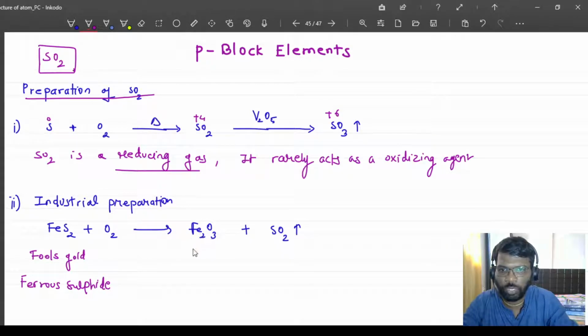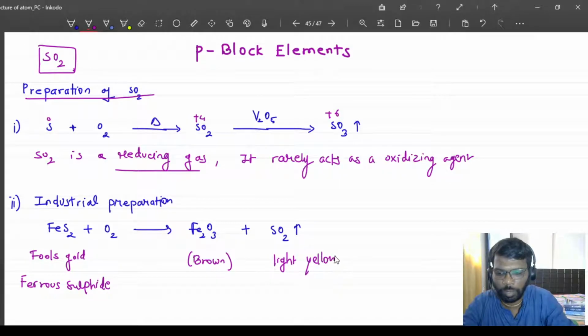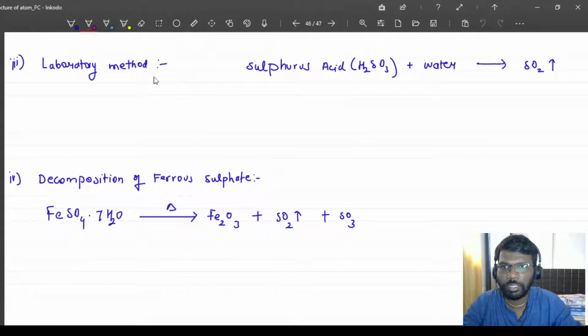This is Fe2O3, which gives a brown colored complex, and the sulfur dioxide you get is a very light yellow. So these are the two methods. One is the industrial preparation, and next is the laboratory preparation.